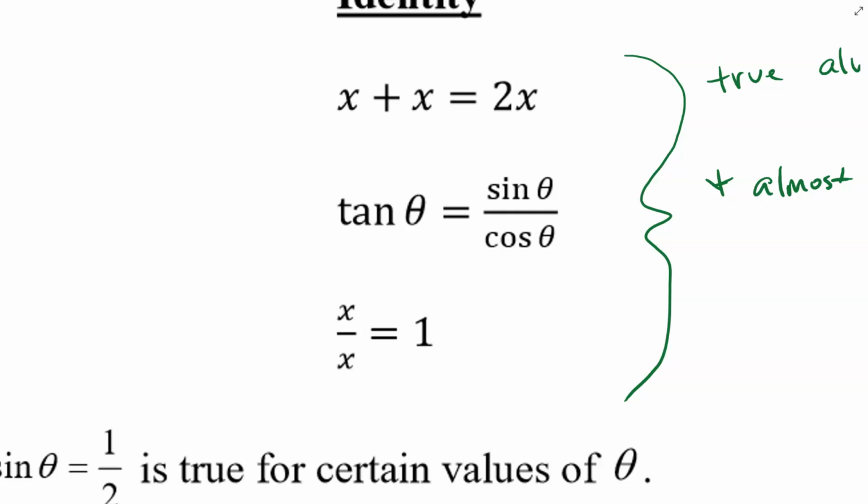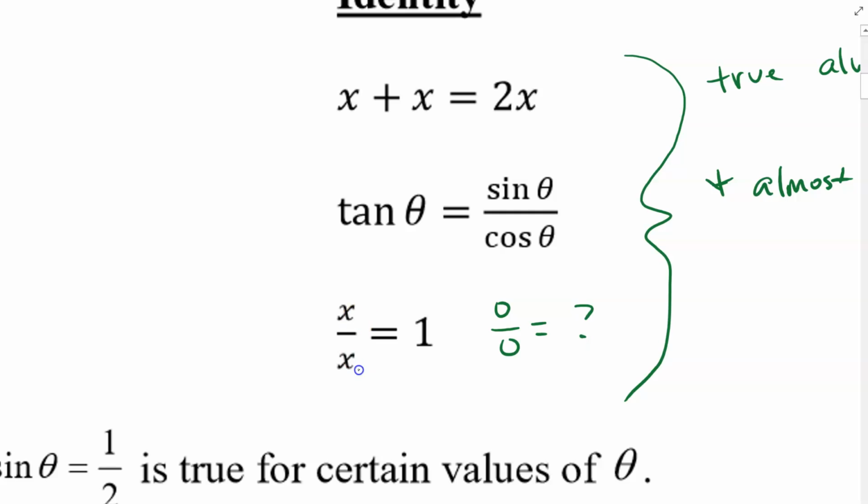What if I put in x = 0? Then I'd have 0 over 0. What is 0 divided by 0? If you put it in a calculator or Google, you might get undefined, you might get infinity, but it's not necessarily 1. It's actually an interesting conversation about what we think 0 divided by 0 is, but it's not 1.